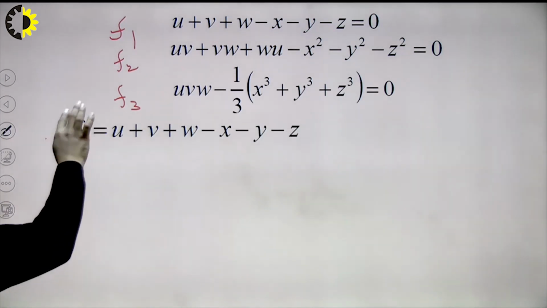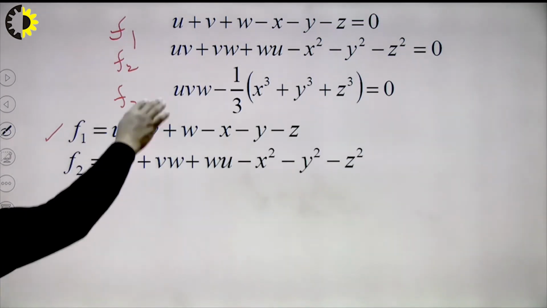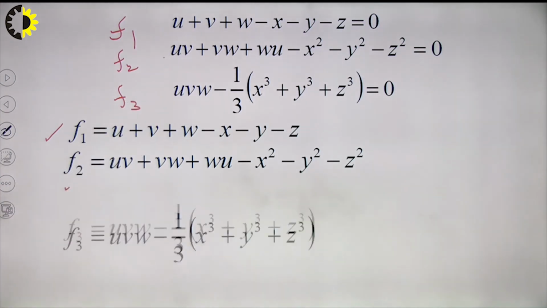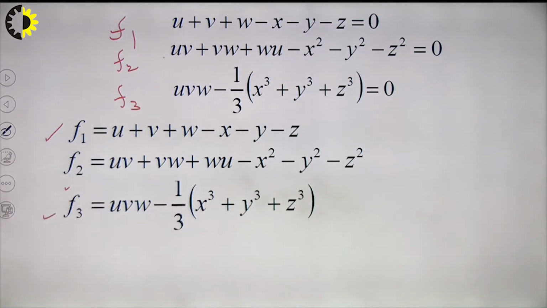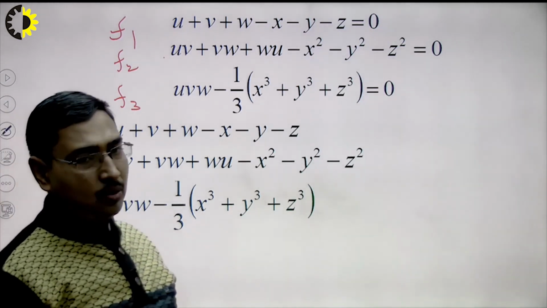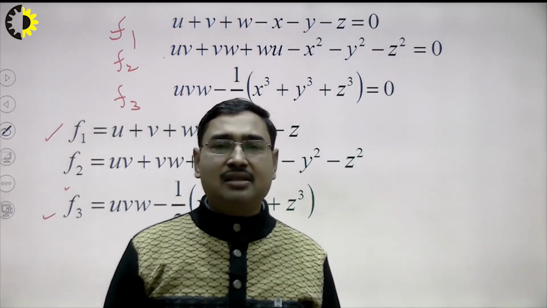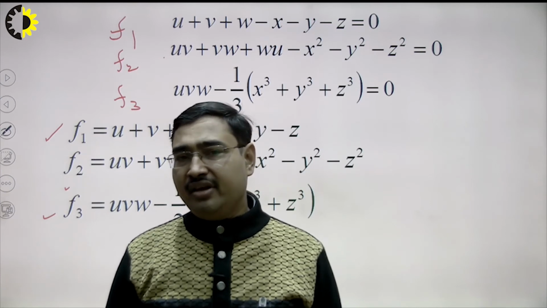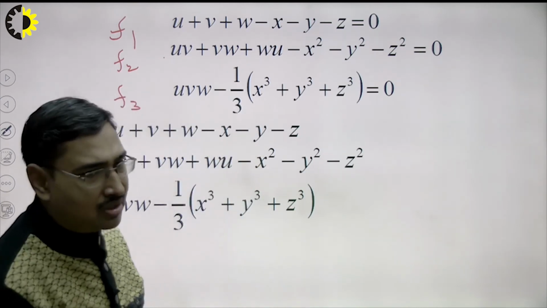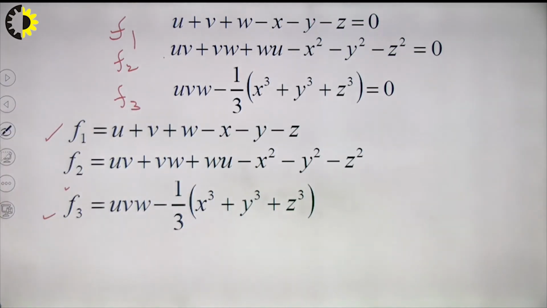Now, f1, f2, f3 are calculated. With the help of these, we can apply our usual process of implicit functions to find the value of given Jacobian. Now, we proceed.